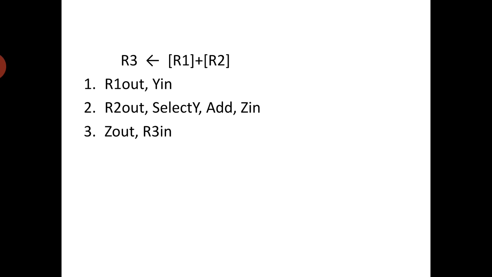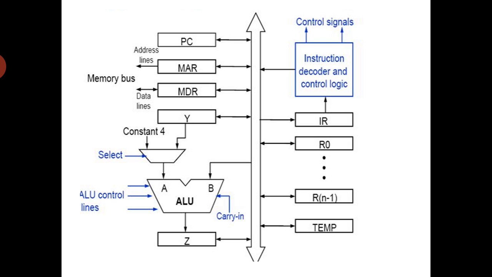In step 2, the multiplexer select signal is set to select Y. Now we select the data which is present in Y, and it is transferred from this multiplexer to the A input of the ALU.